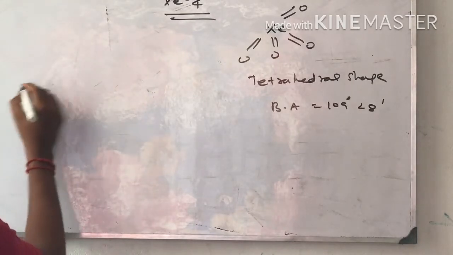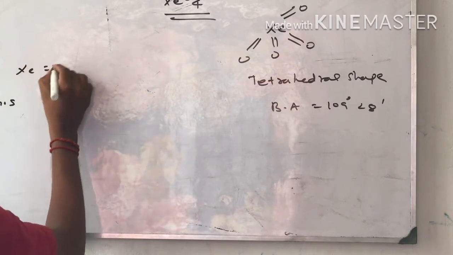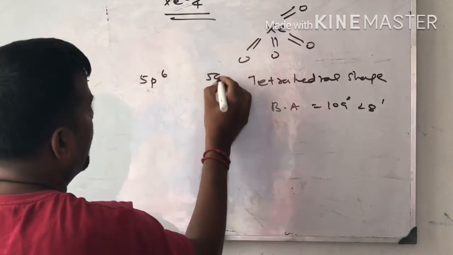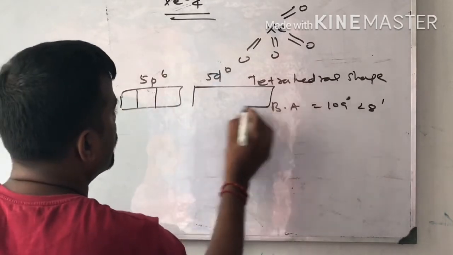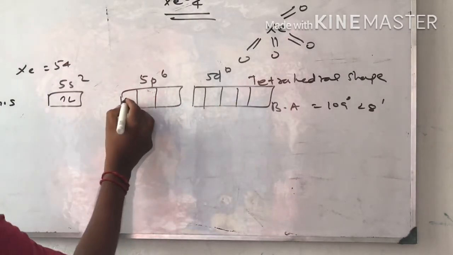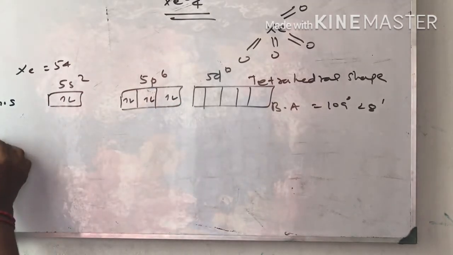The electronic configuration is given. Ground state electronic configuration: xenon atomic number 54, 5s2, 5p6, 5d0. So 2 electrons in 5s and 6 electrons in 5p.